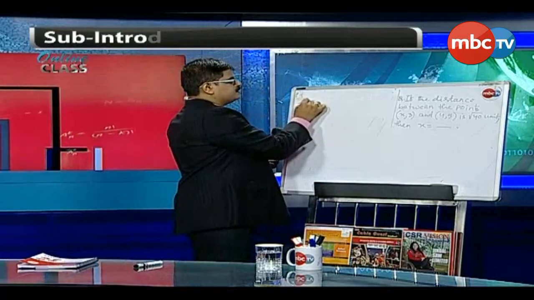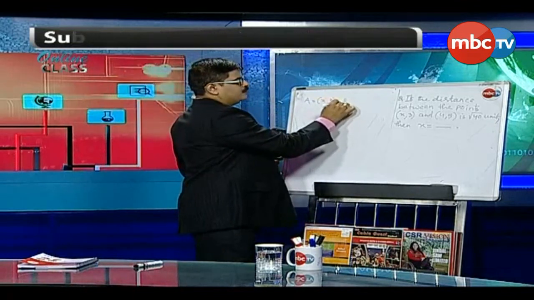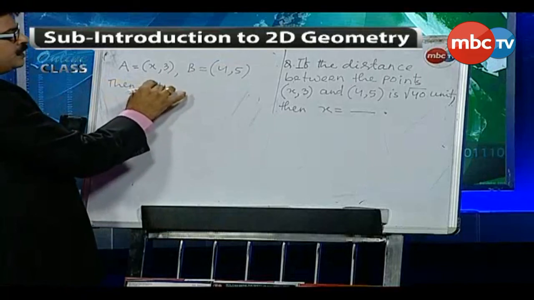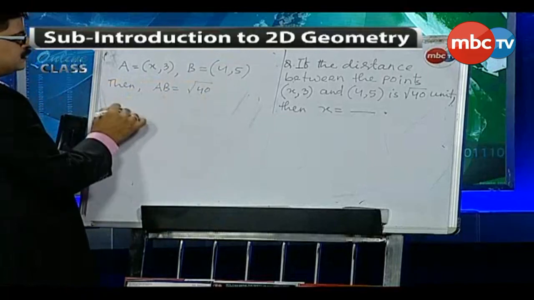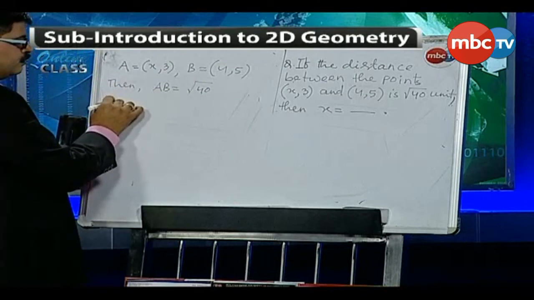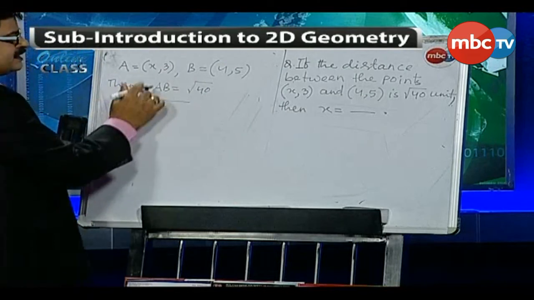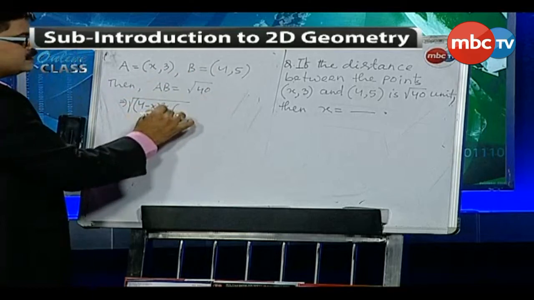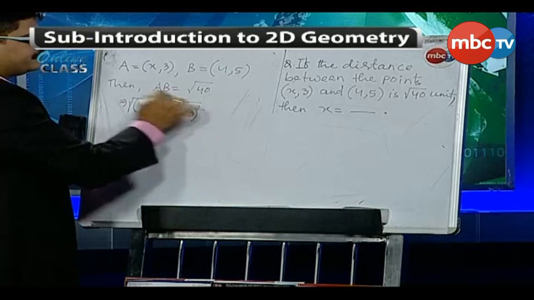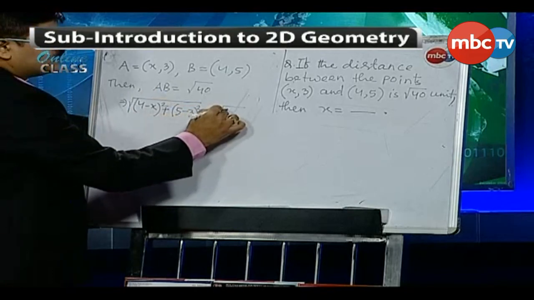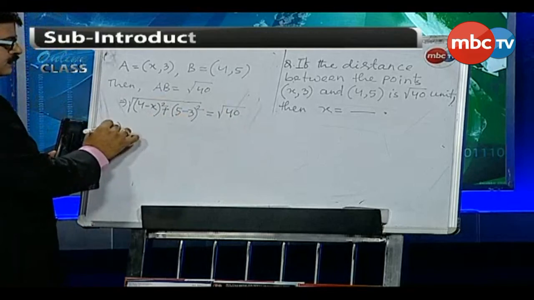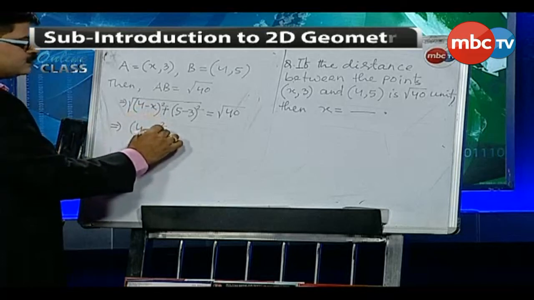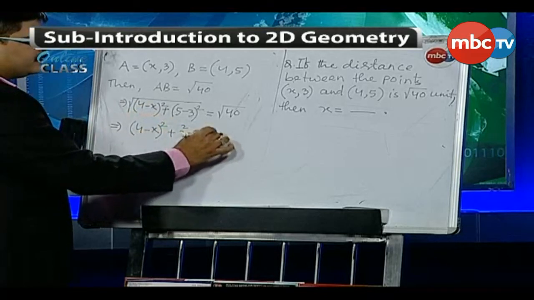You see, suppose A is (x, 3), B is (4, 5), then AB is square root 40. That means you will be getting, what is AB? Square root of (4 minus x) whole square plus (5 minus 3) whole square, and in RHS we are having square root 40 unit. Now if you take square on both sides, this will be (4 minus x) whole square plus 2 square, that will be 40.